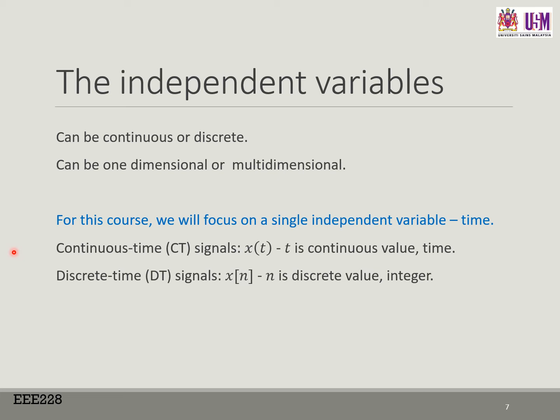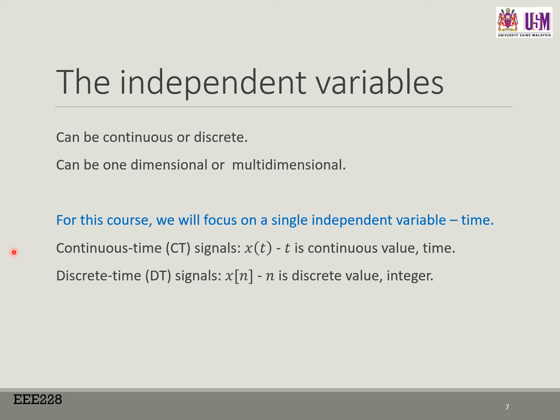Signals such as speech signals are continuous functions of time, but there are also many signals that are discrete functions of time, and there are also other types of independent variables other than time. Examples of these independent variables are depth, temperature, and pressure. These can also be independent variables.